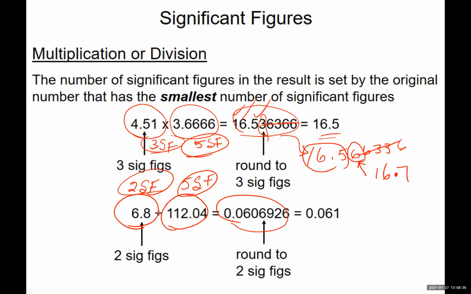So I must have only 2 significant figures. This is not significant. 1 significant figure, 2 significant figures. I'm dropping the rest. I look at the first digit that I dropped. It's larger than 5. I add 1 number. So 0.061 is the answer. 2 significant figures. This is the most reliable answer from this calculation.